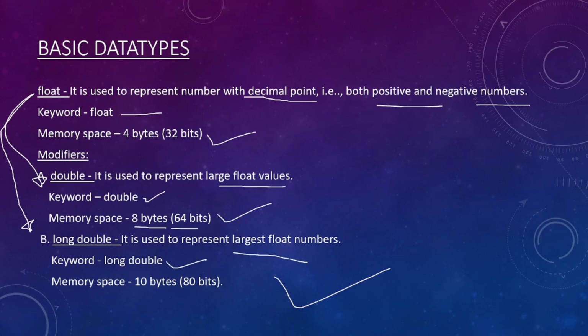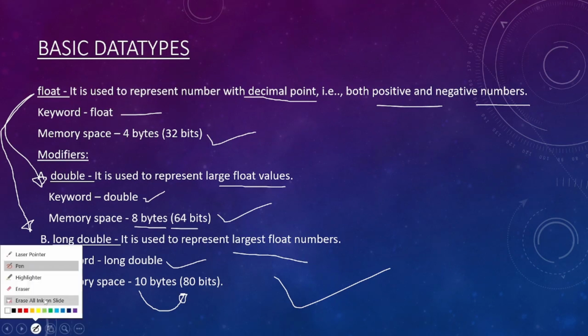The keyword used is long double and the memory space is 10 bytes. How is it 80 bits again? 10 into 8. Hope you know the basic maths. It is very simple. 1 byte is 8 bits. So 10 bytes are equal to 80 bits. So this is the memory space, and it is all about float.